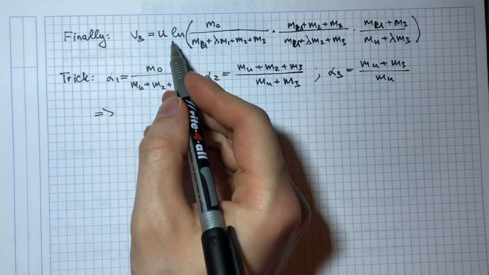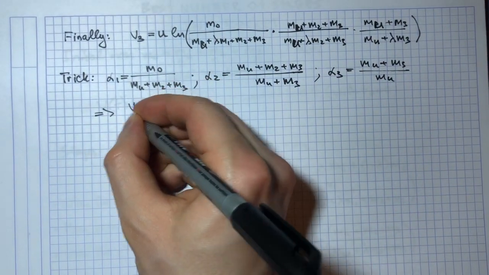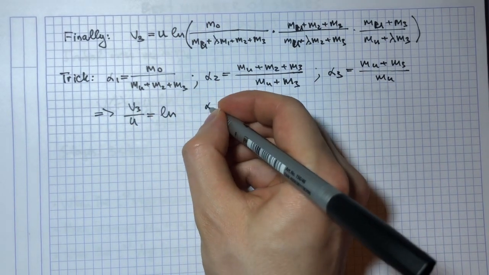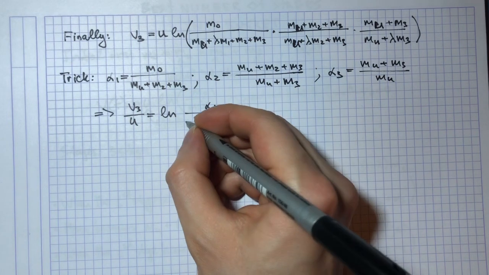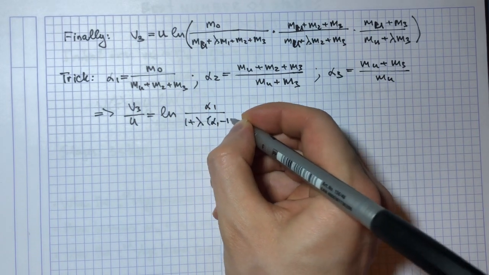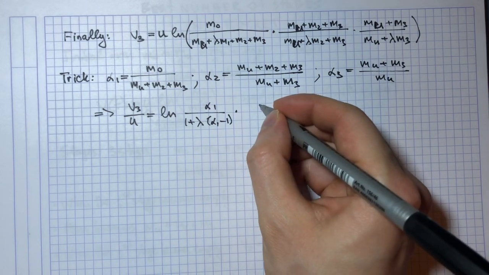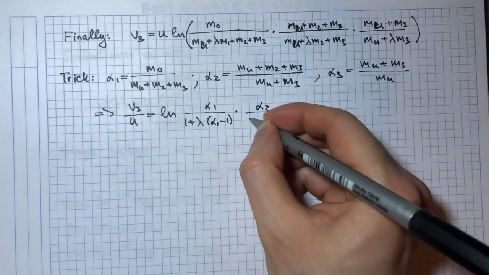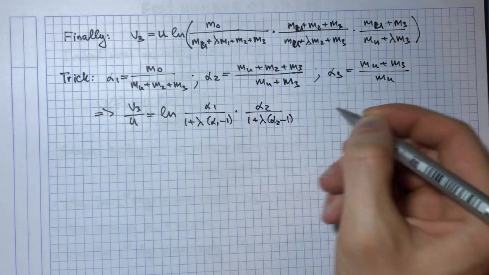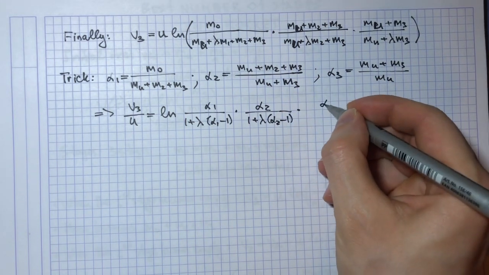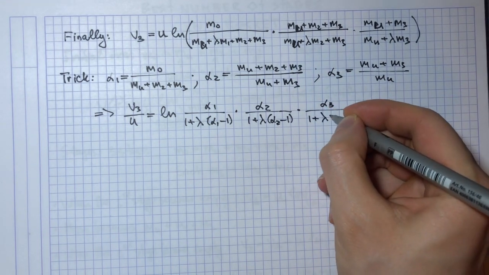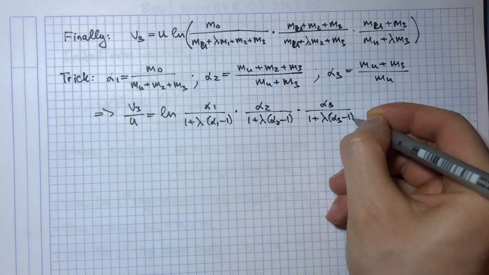And then you can actually see that this expression becomes this: alpha 1 over 1 plus lambda times alpha 1 minus 1, times alpha 2 over 1 plus lambda times alpha 2 minus 1, times alpha 3 over 1 plus lambda times alpha 3 minus 1.